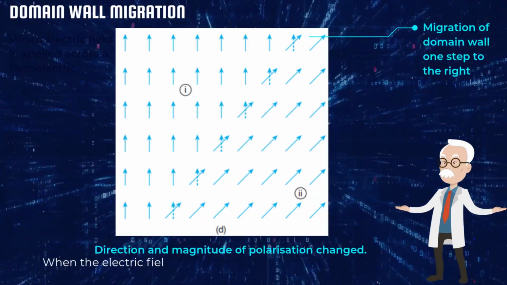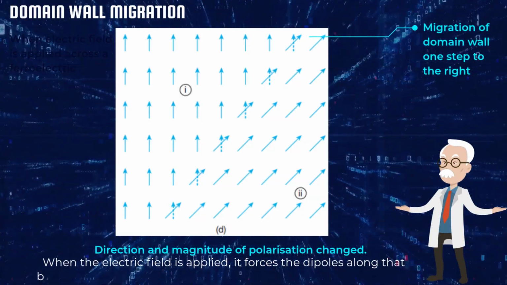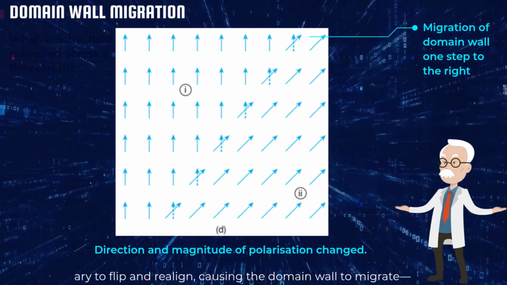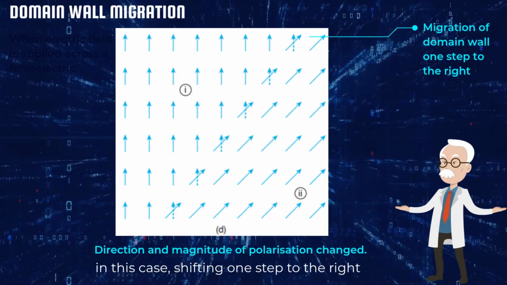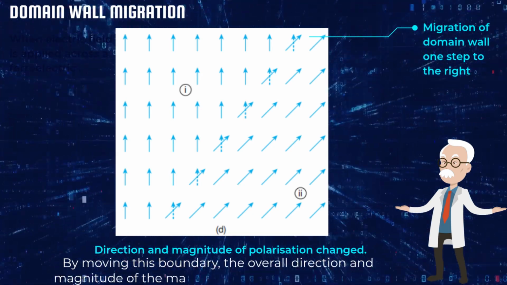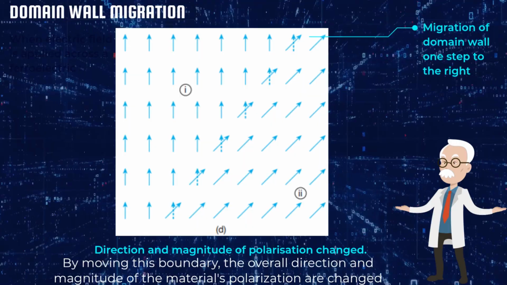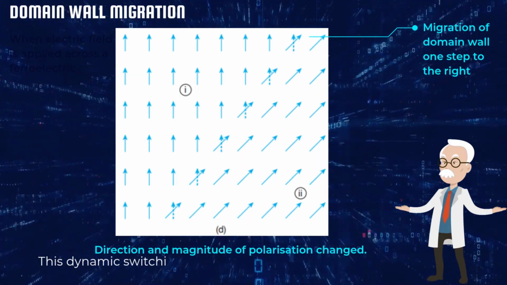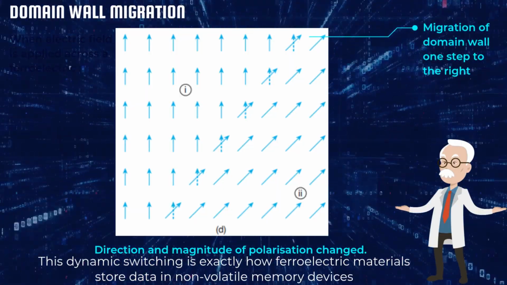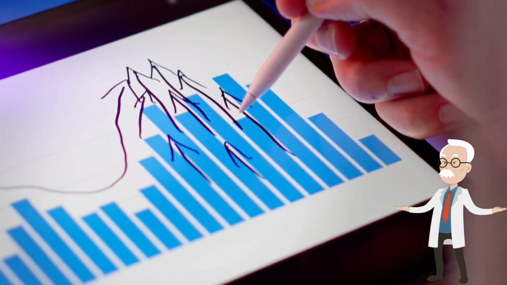When the electric field is applied, it forces the dipoles along that boundary to flip and realign, causing the domain wall to migrate, in this case, shifting one step to the right. By moving this boundary, the overall direction and magnitude of the material's polarization are changed. This dynamic switching is exactly how ferroelectric materials store data in non-volatile memory devices.